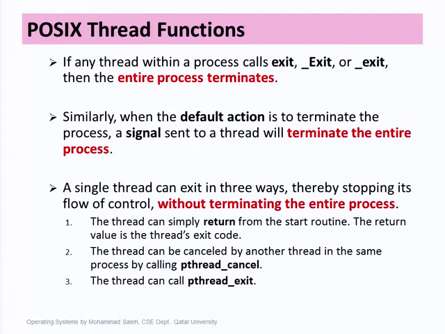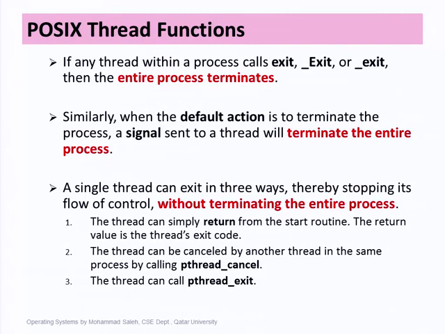So the whole process will be terminated, including all of its threads. So when we want to send signals to threads, we have to catch them, and if there is a termination, we will do it for the thread only, by calling pthread_exit.